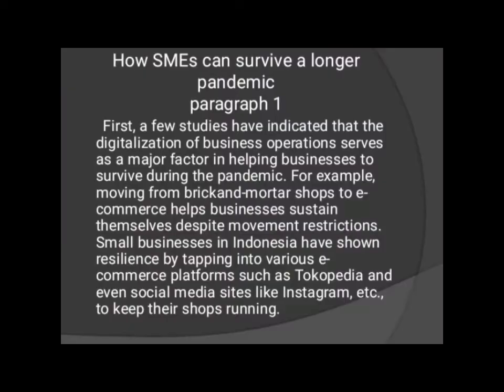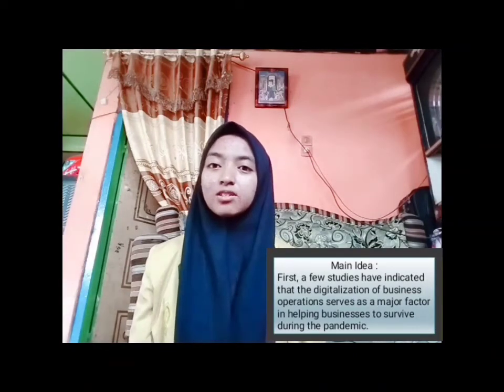Identify the paragraph 1. The main idea of paragraph 1 is located at the beginning of the paragraph. The context is, first, a few studies have indicated that the digitalization of business operations serves as a major factor in helping businesses to survive during the pandemic.